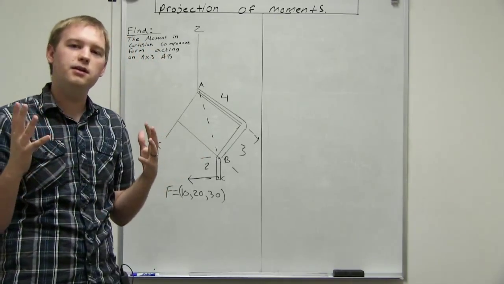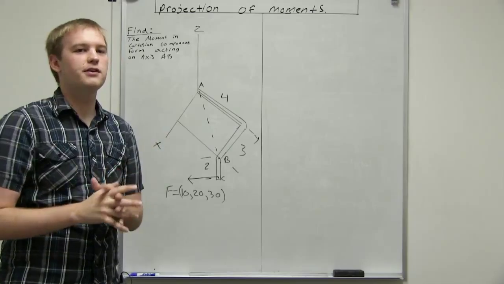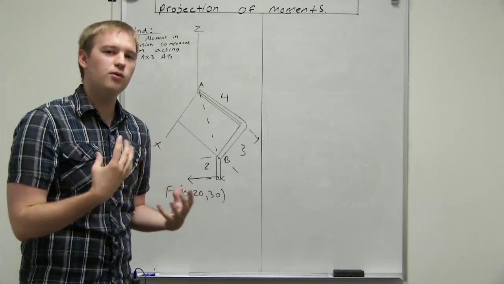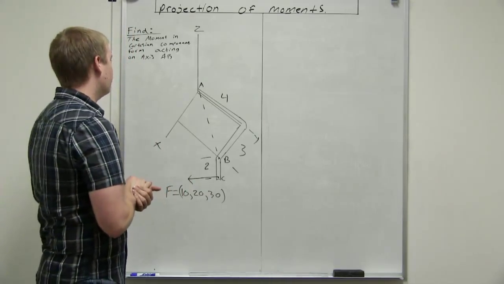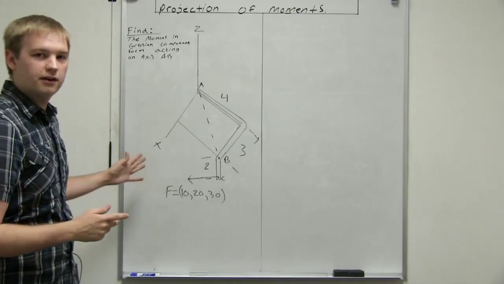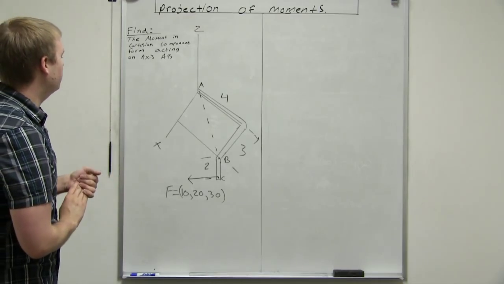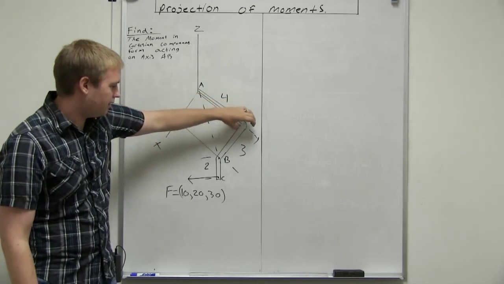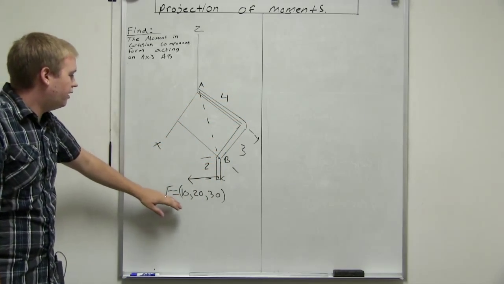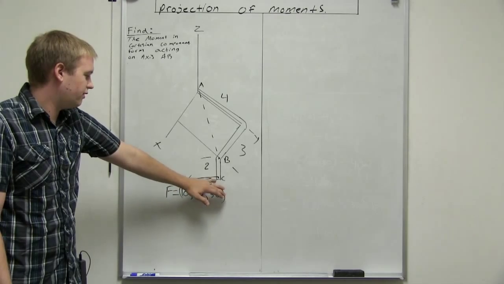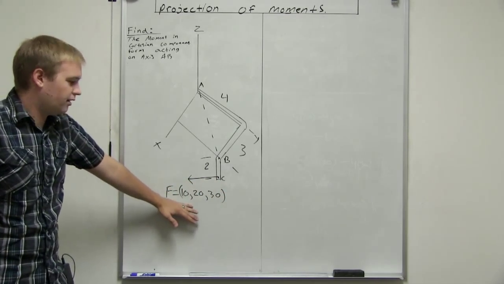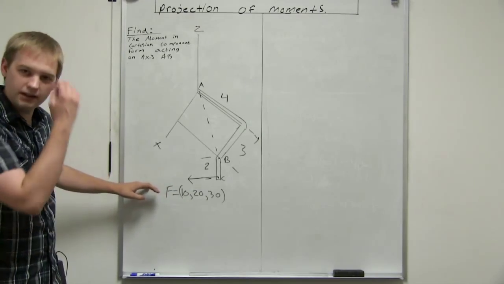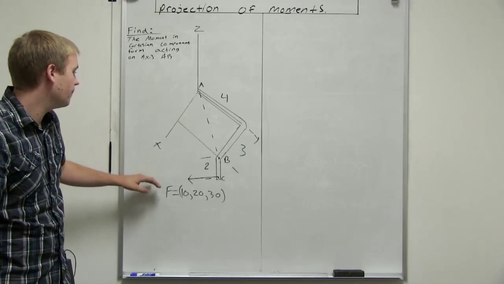Now, the way that we do this is a little bit different than projecting forces, but it's still the same overall concept, same overall idea. So what we have here in this problem is a force connected down at C. So we have our rod here, and then there's a force attached to the end of the rod, and we're given the XYZ components just to make it a little easier on us for a nice example problem.